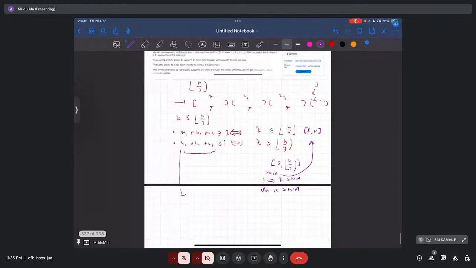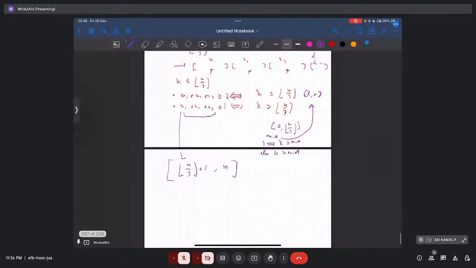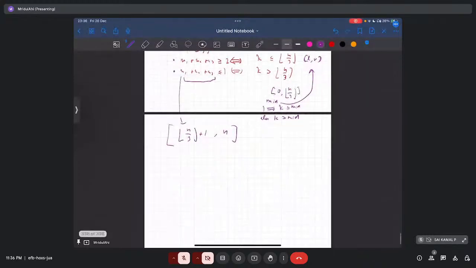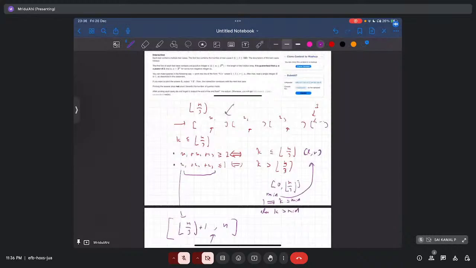So we have to binary search over k in the range floor of n by 3 plus 1 to n. All elements in this range are greater than the lengths of any of these four regions.